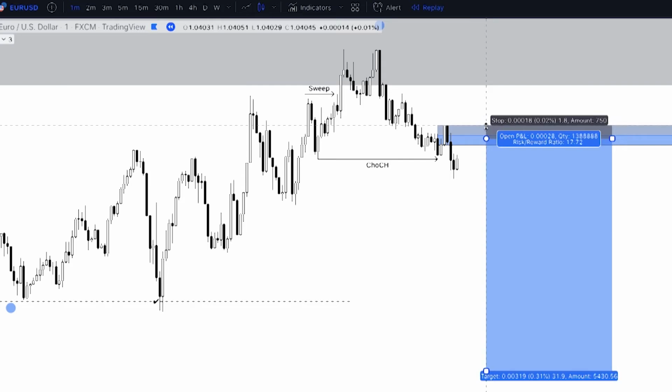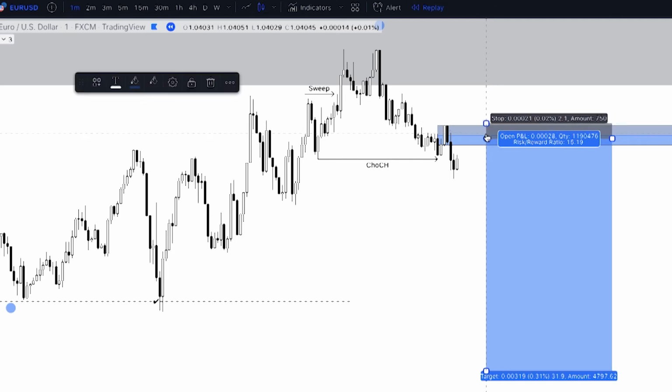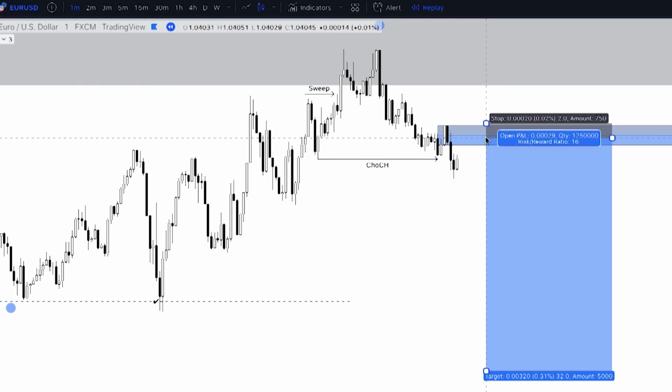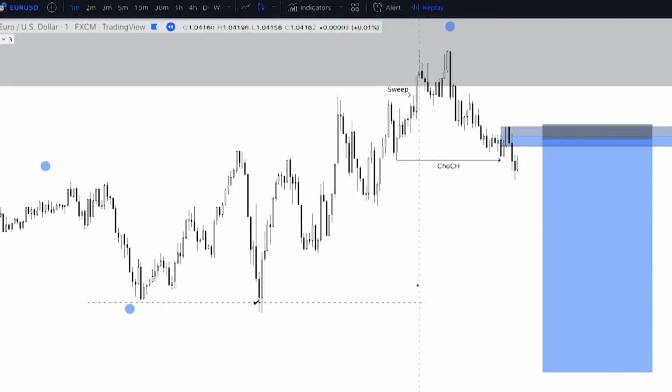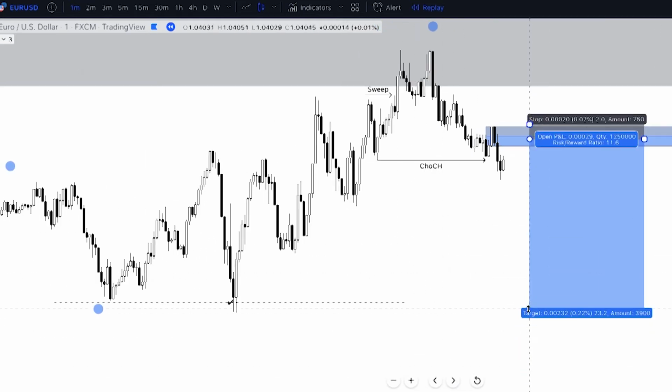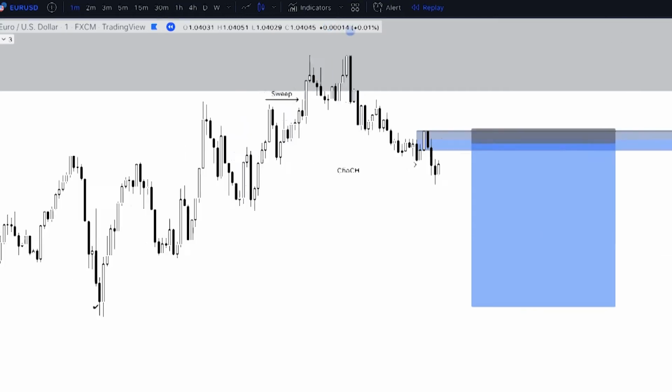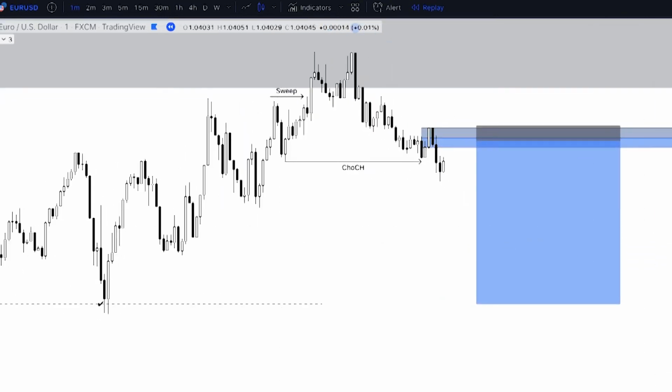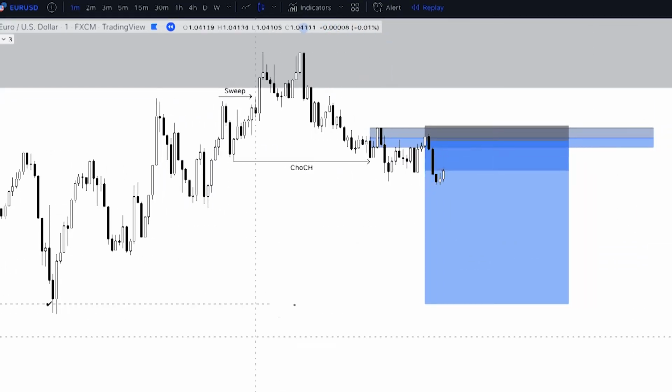And we are going to give some buffer for spread. It's around 2 pips stop loss. And let's see if we get tapped in or not. Okay, we got tapped in.